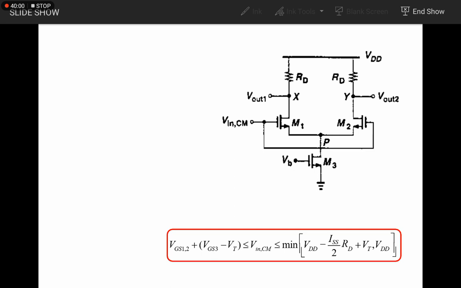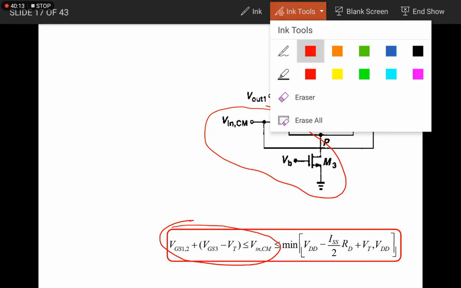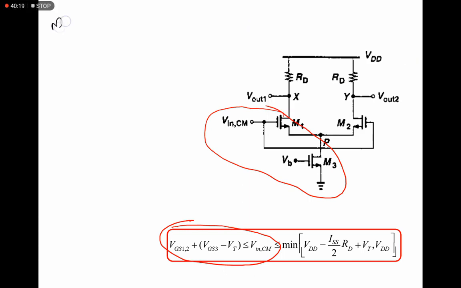For the second half, if we consider this region, we will consider the lower part of this one. So for the proper working of M1, or M1 in saturation, VGS must be greater than VTH.